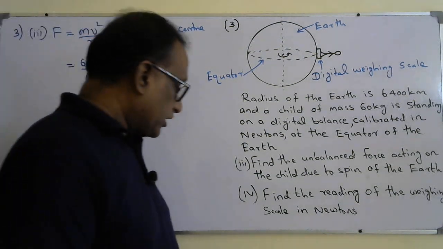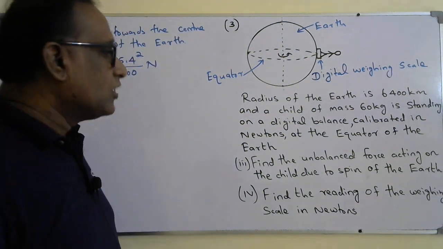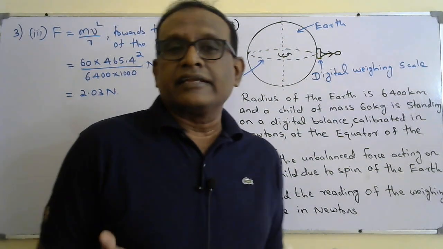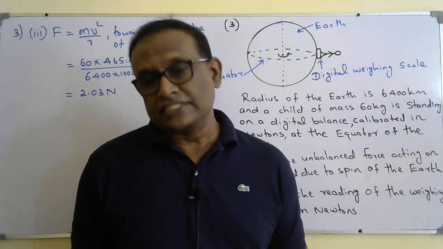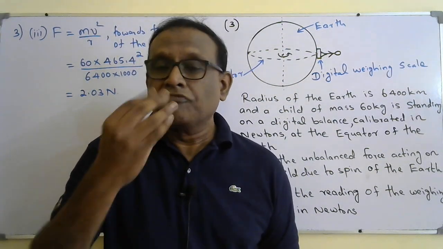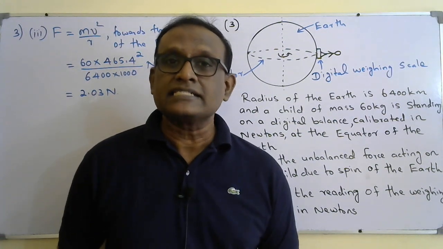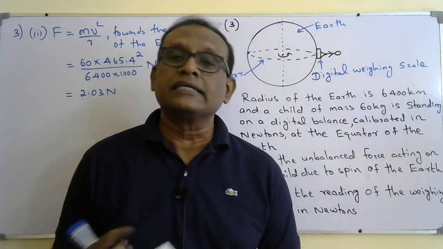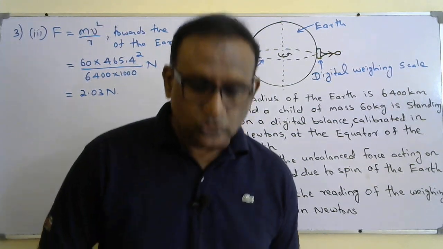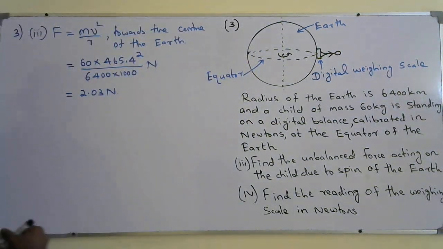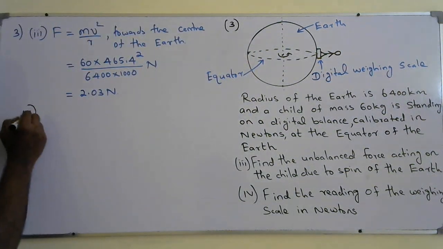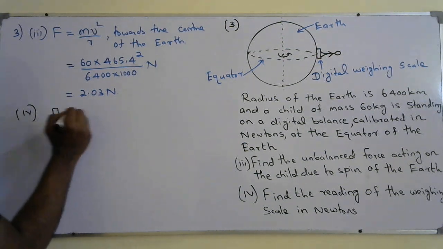Okay, fourth part. Find the reading of the weighing scale. Normally we say the reading of the weighing scale will, actually first you should know which force it reads. The weighing scale reads the push by the person, or the third law pair of the normal reaction. Is it? If you draw the free body force diagram for the fourth part, this is the weighing scale, this is the child.